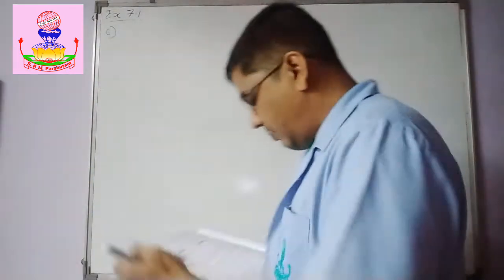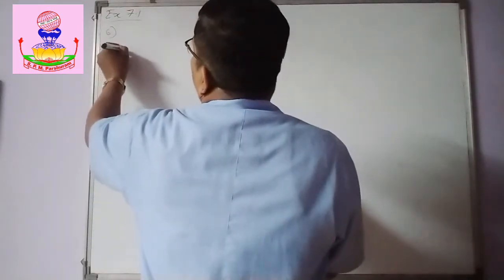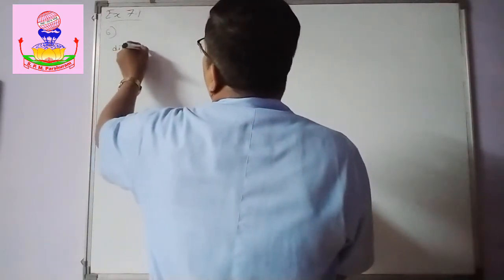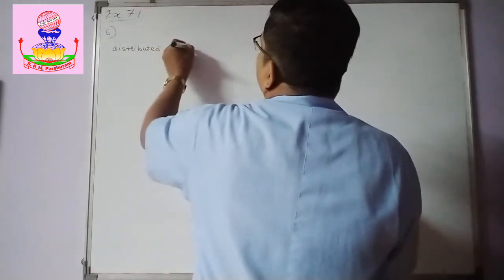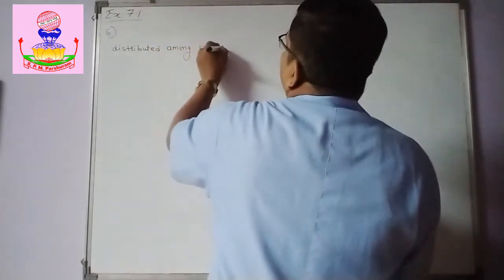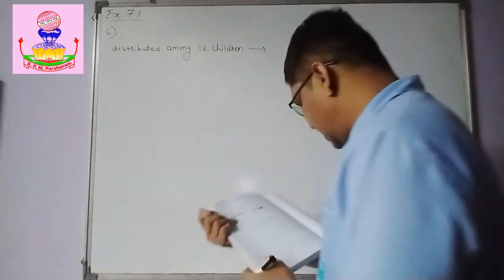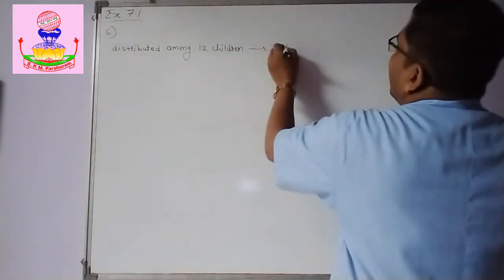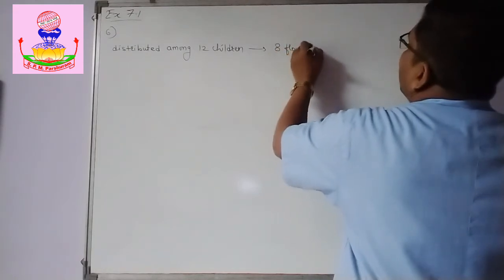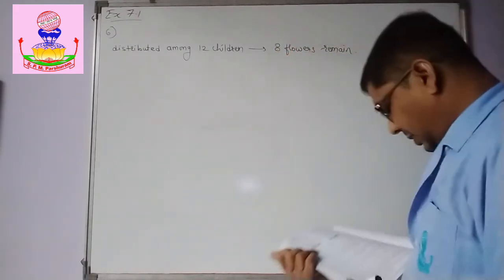Now here, when they are distributed among 12 children, what is the remainder? 8 flowers remain.